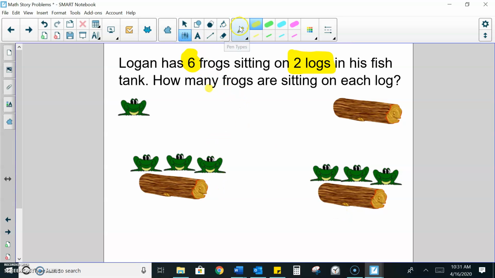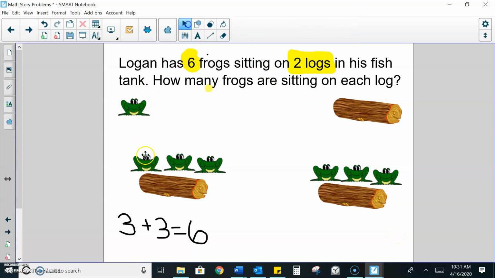So one of our answers could be 3 plus 3 equals 6, right? That could have been one of our answers. You are correct. Okay, but that's not the only answer.